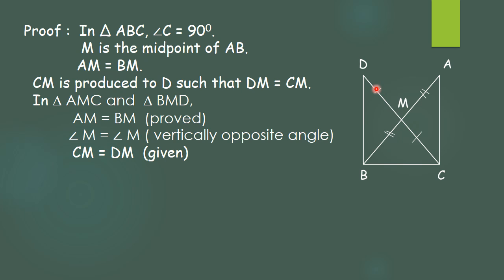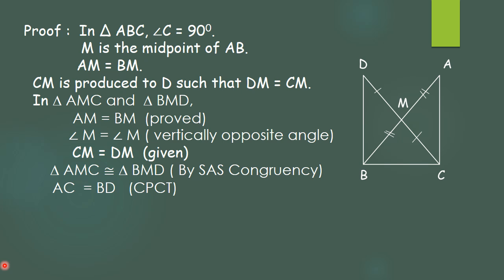So we have a side, an angle and a side. These two triangles are congruent by SAS congruency. So triangle AMC is congruent to BMD by SAS, and therefore naturally AC will be equal to BD by CPCT.